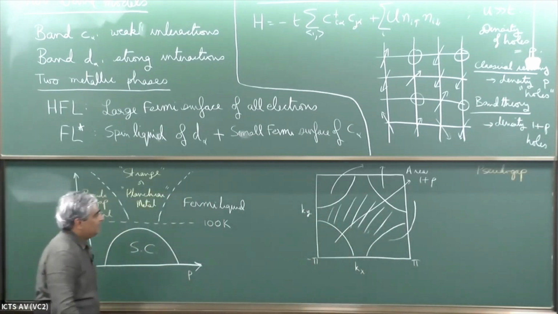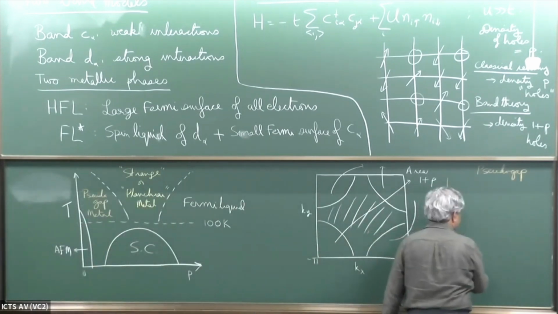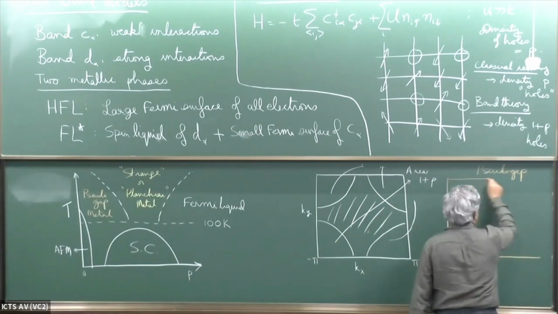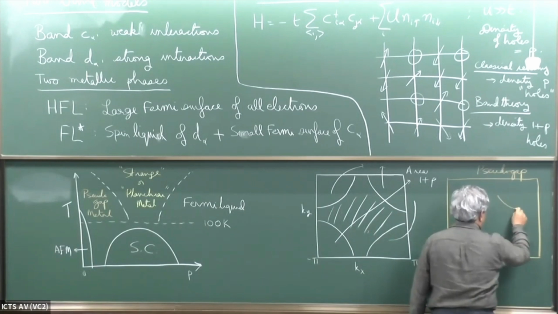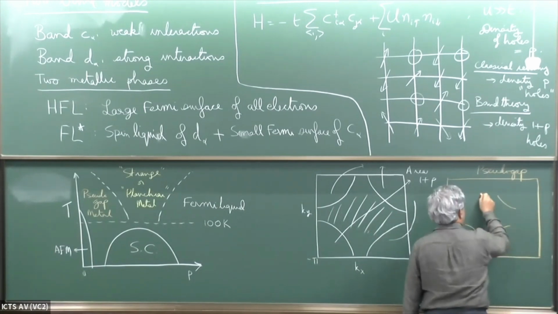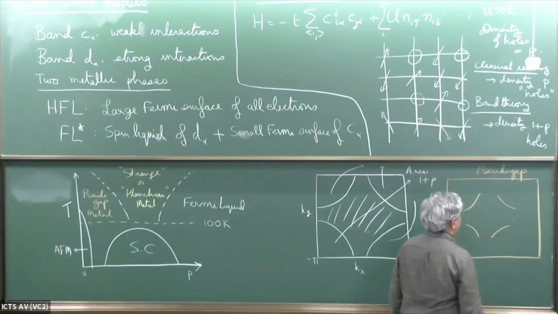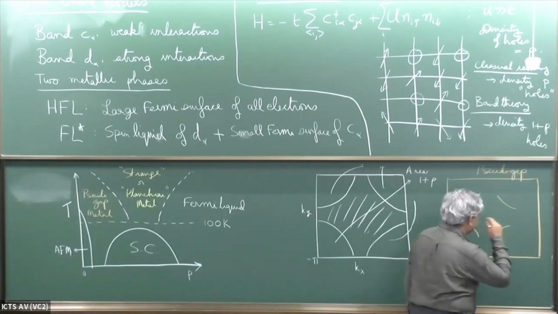Okay. So if you look at the photoemission experiment, you see these famous Fermi arcs. You see some arcs here, something like this. But you don't see anything out here.